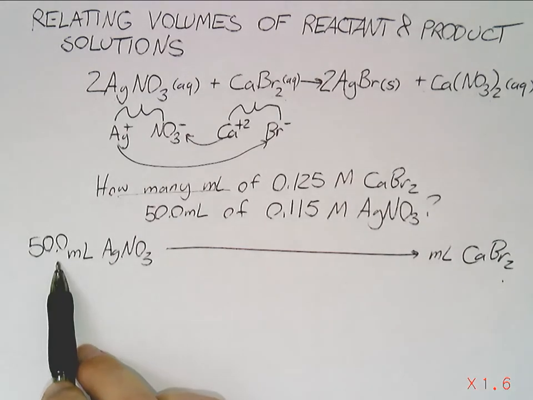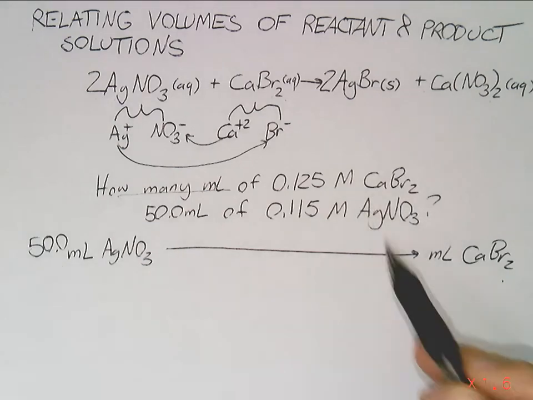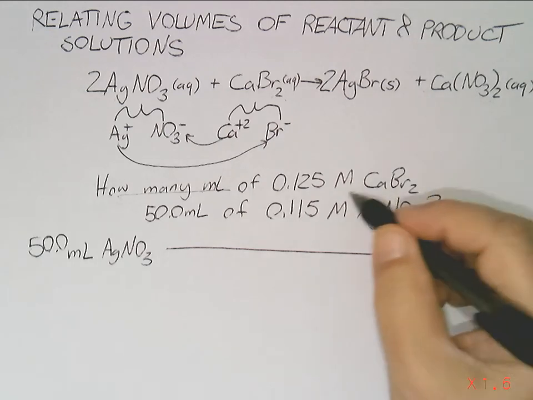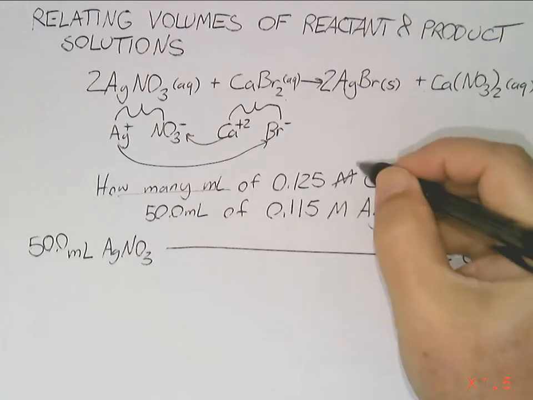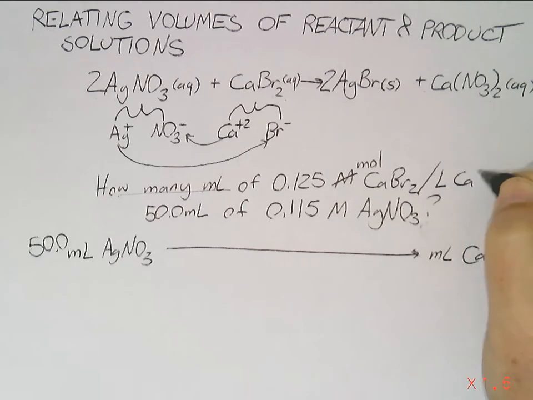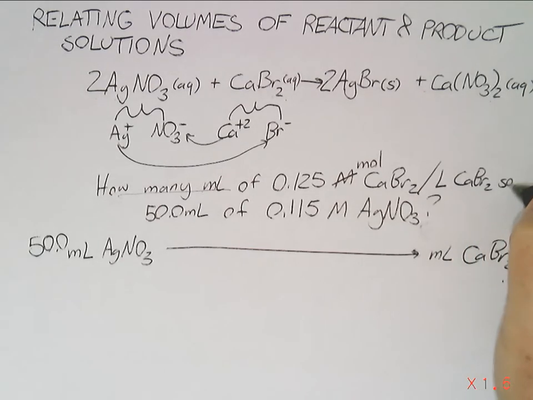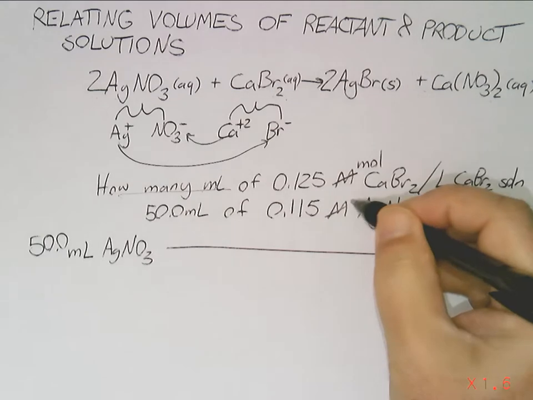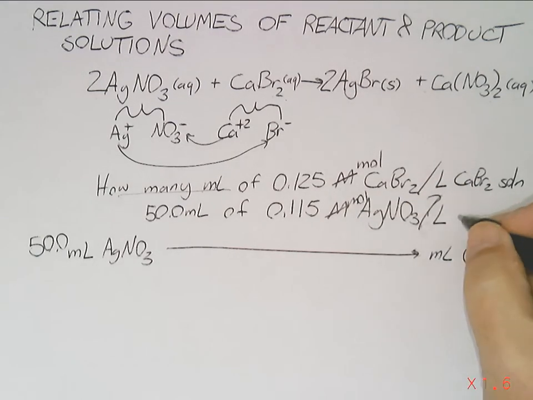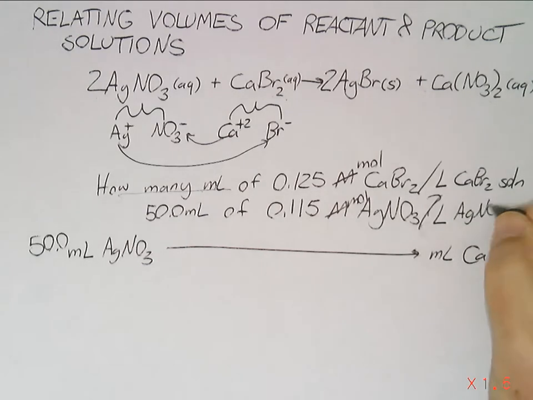Now, why did I choose 50 milliliters as my starting point? Well, remember when we were doing problems that involved molarity as a conversion factor, this means moles of calcium bromide per liter of calcium bromide solution. And this means moles of silver nitrate per liter of silver nitrate solution.